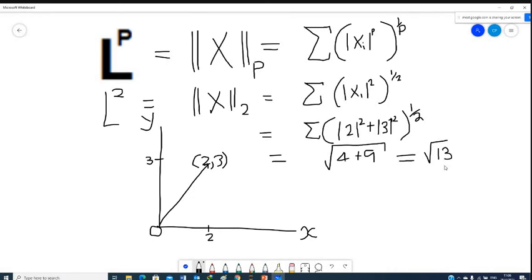So in this example, that is just a Euclidean distance that we have calculated. So the L2 norm is equivalent to the Euclidean distance.